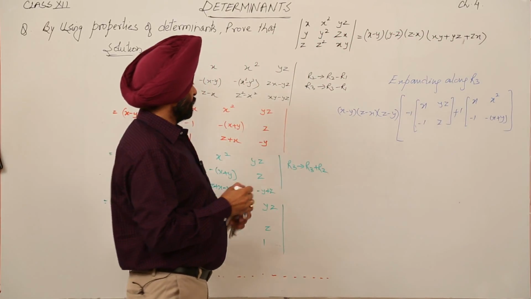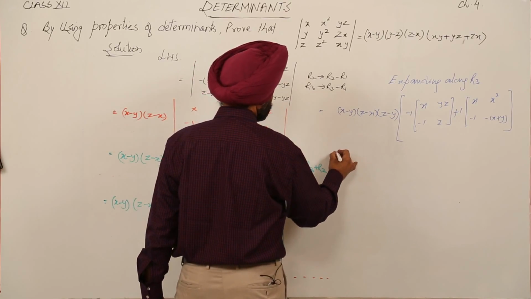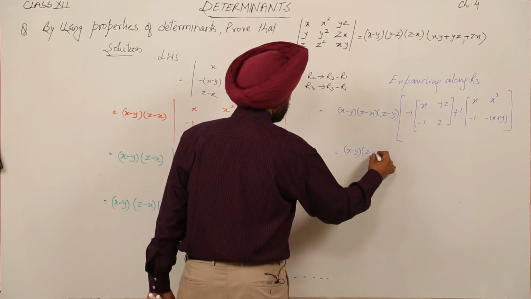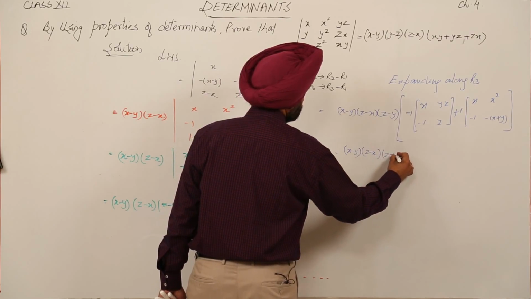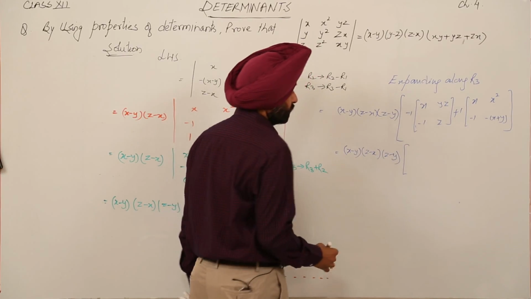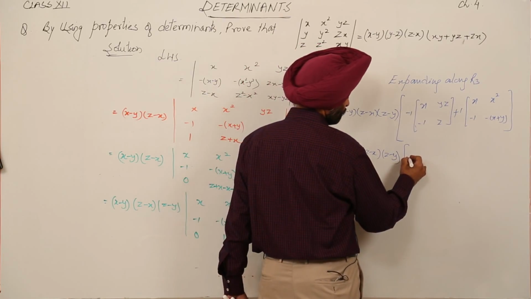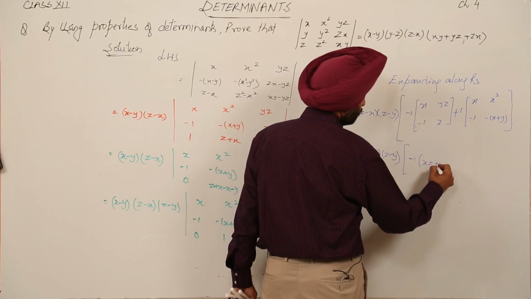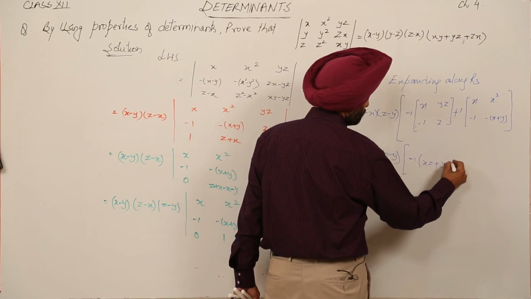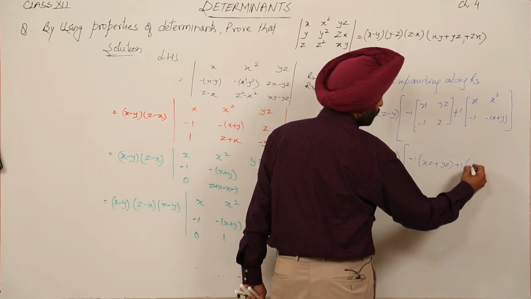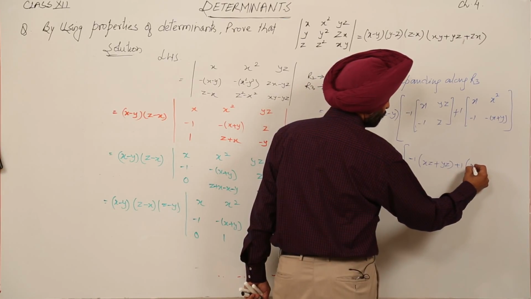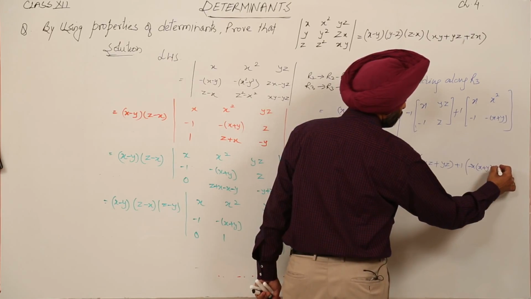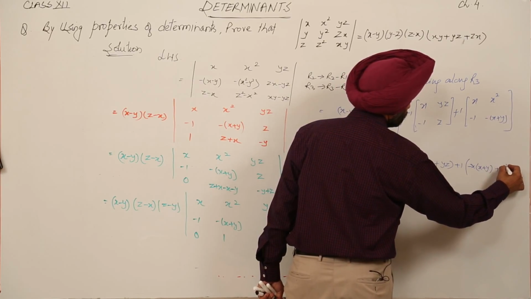Okay, so now what we are getting, x minus y, z minus x, z minus y with negative 1, xz plus yz plus 1. Now negative of x with x plus y plus x square.